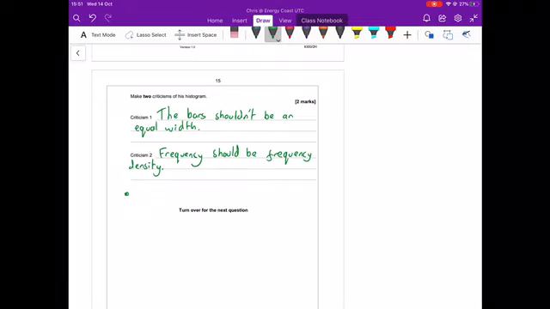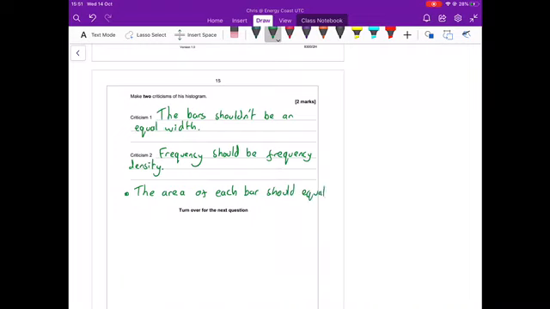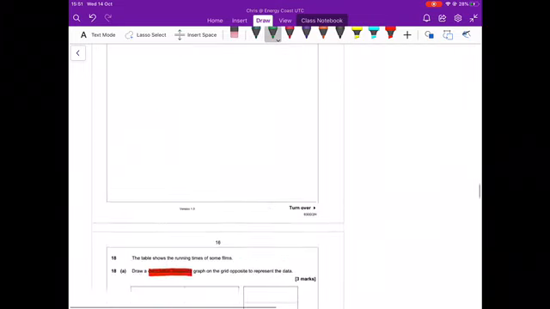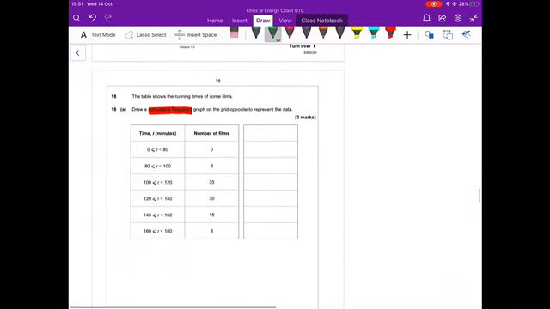I'm just going to say that the area of each bar should equal the frequency, okay? Don't spend loads of time on that question. If you don't understand that, don't worry, we'll do histograms at a later date, okay?